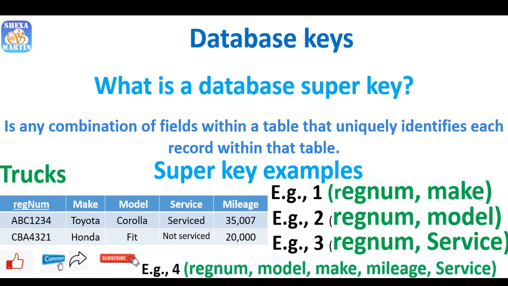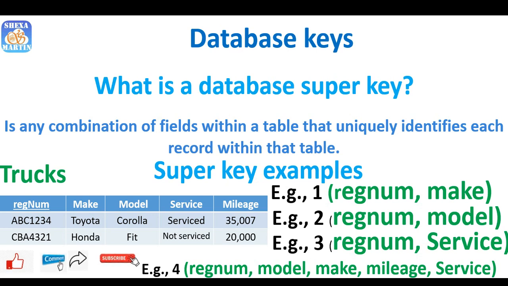We can also identify all the table columns, like I said earlier. We have regnum, model, make, mileage, and service. So here I'm saying we have a column which is being combined with other columns to make subsets of the whole set, the mother set that we have, which is all the columns of this table.